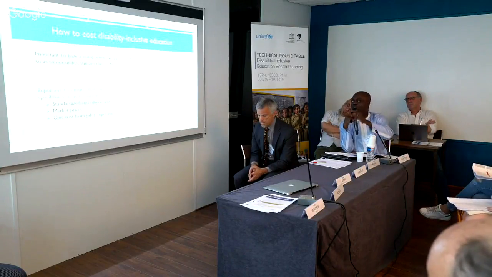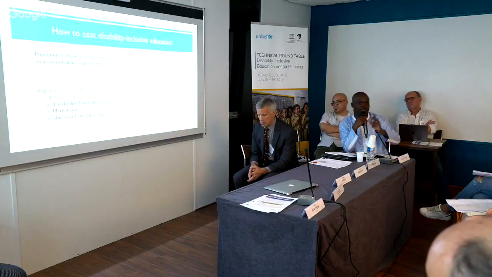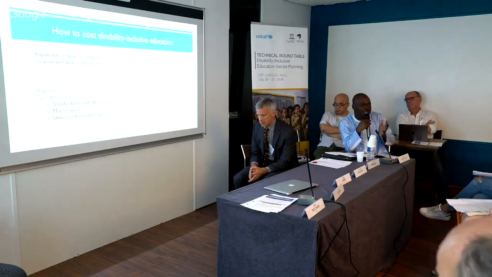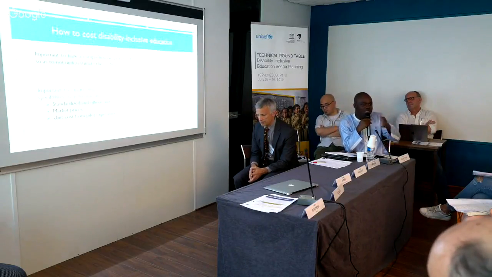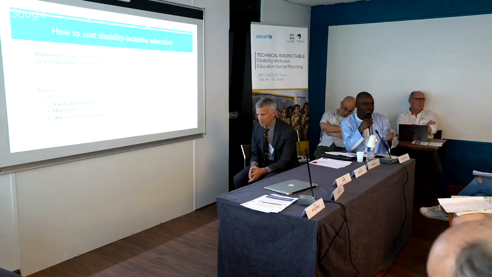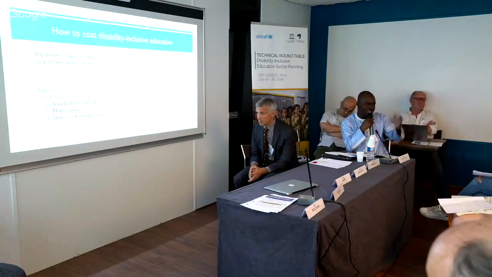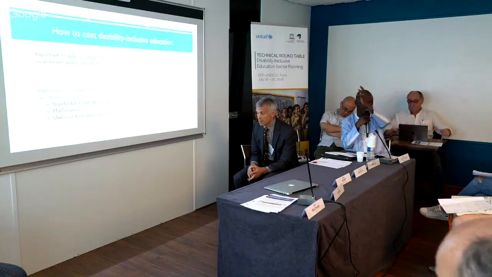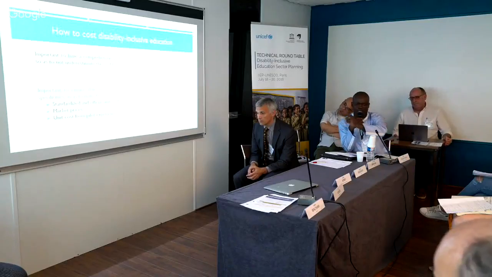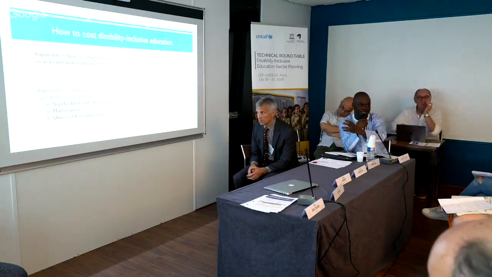So it may be useful to cross many kinds of cost, because if you go to the countries, sometimes you can have some standardized unit cost. They will tell you that, okay, for the building it is 20 million. That is the standardized cost. But 20 million is not the same cost if you are in the rural area and in the urban area. So it's very important to pay attention to the market prices.